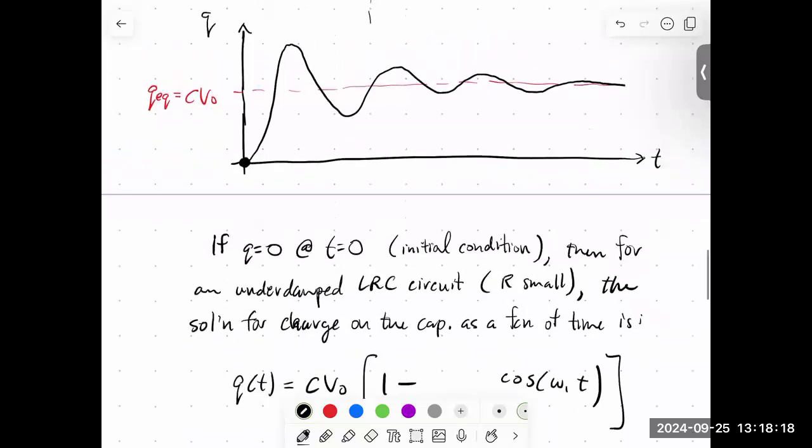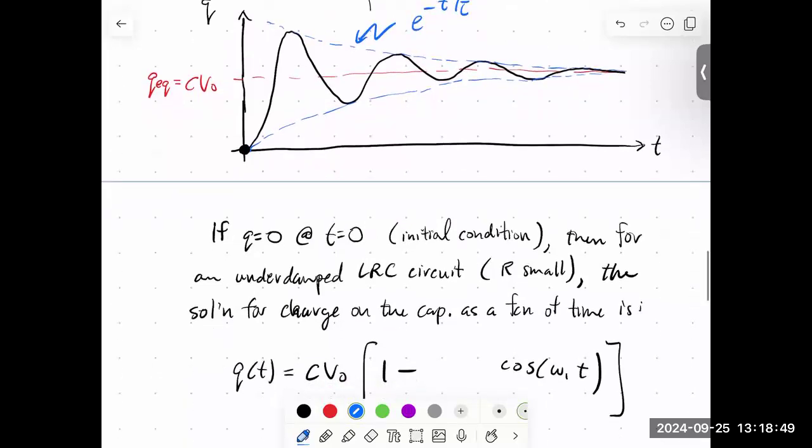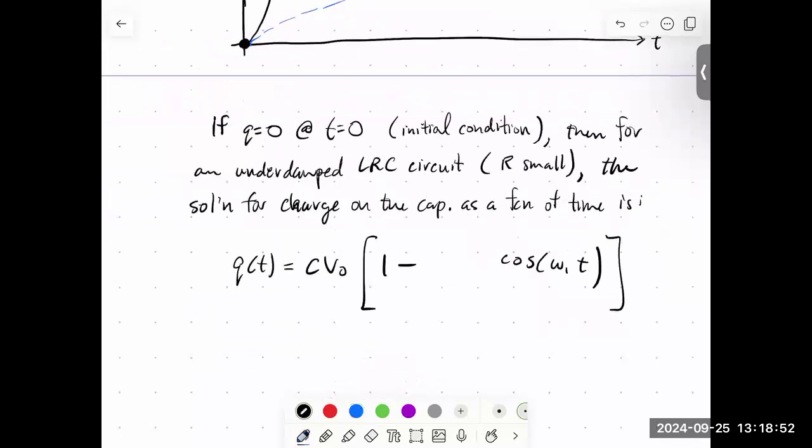Okay, what about this decay? What does this decay look like? What is this dashed blue line, which just touches the peaks? It looks like a decaying exponential, right? And there's the same sort of curve on the underside here. So this part goes as e to the minus t over tau, and that's what we're going to include in front of our cosine.